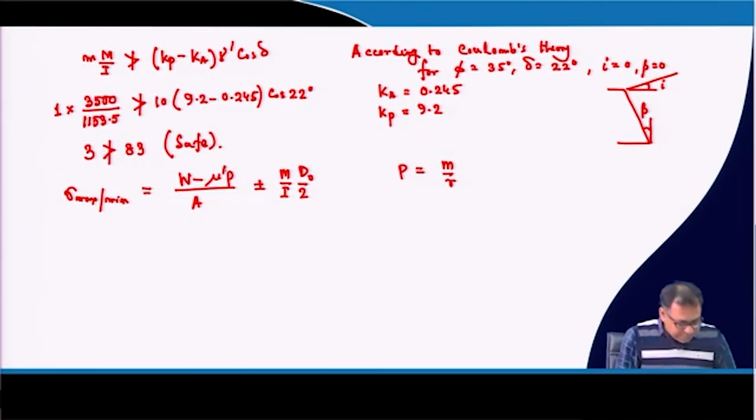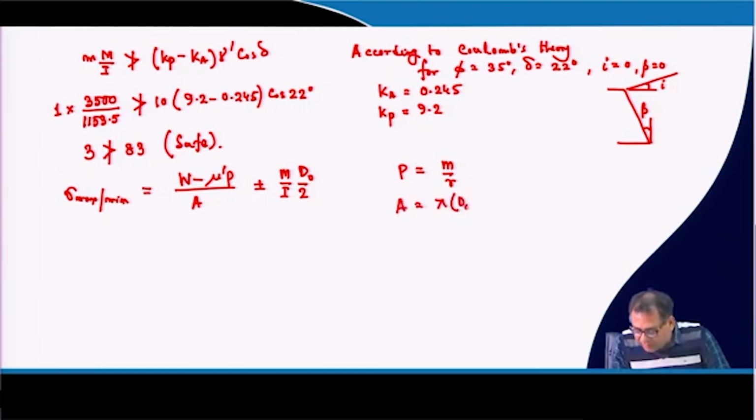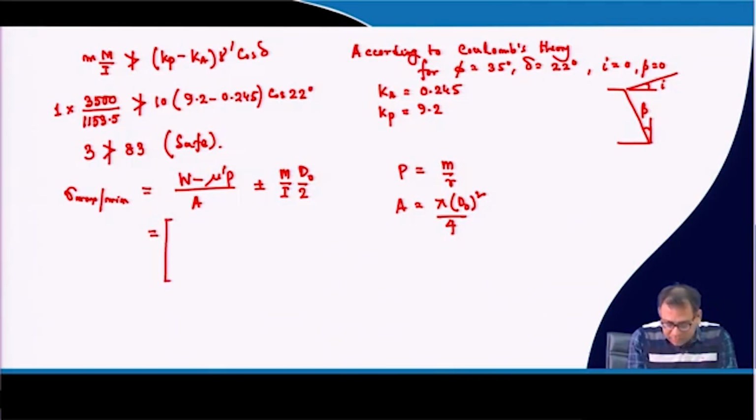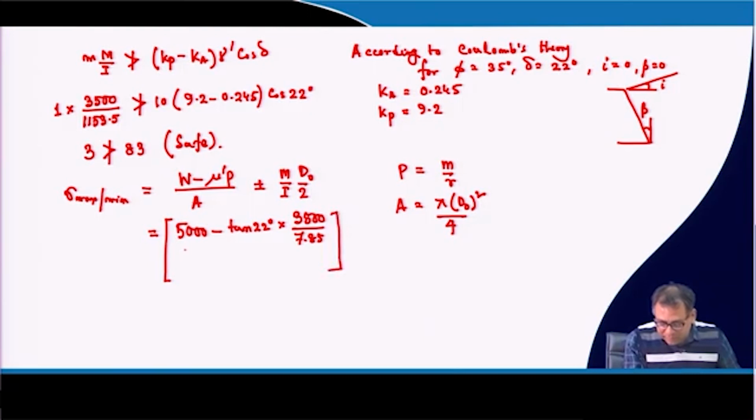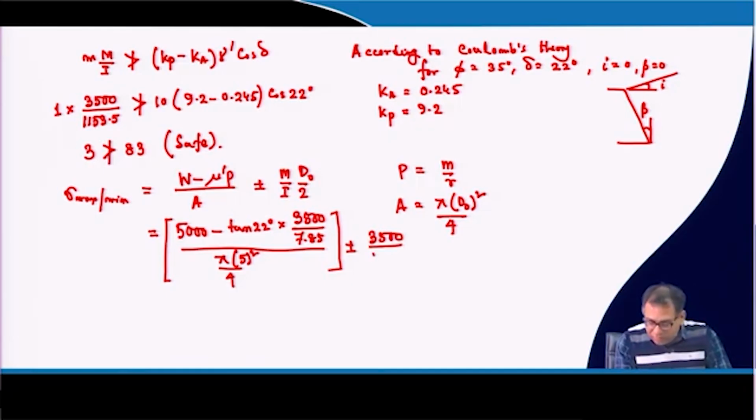So, if I replace P by M by r and A is equal to pi d0 square divided by 4, I can write: W is 5000, minus mu dash is tan 22 degree and P is M by r, M is 3500, r is 7.85, then divided by pi 5 square divided by 4, then plus or minus M is 3500 and I is 1153.5. Then d0 is 5 divided by 2.